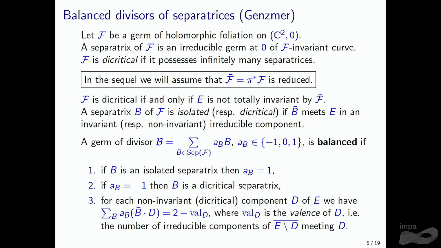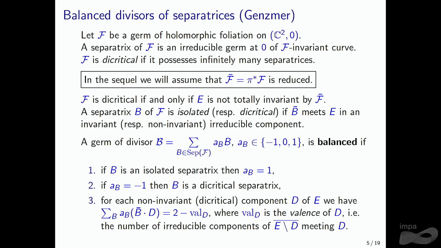And the next notion I recall is a balanced germ of divisor, that is a linear combination of separatrices with weights -1 and 1, and 0 of course, such that all the isolated separatrices appear with weight 1, and if a separatrix appears with weight -1, then it's dicritical.